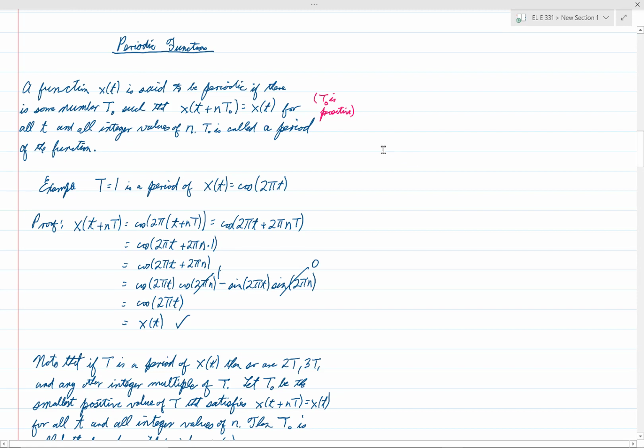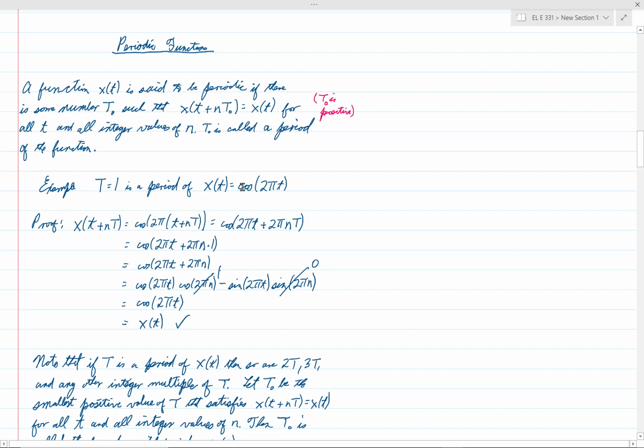There we go. Okay, so now you see it's T naught here. Resuming what we were saying then, if there is no such T naught, if you cannot find any positive value T naught such that this is satisfied, then the function is not periodic, and so it's called either an aperiodic or a non-periodic function.